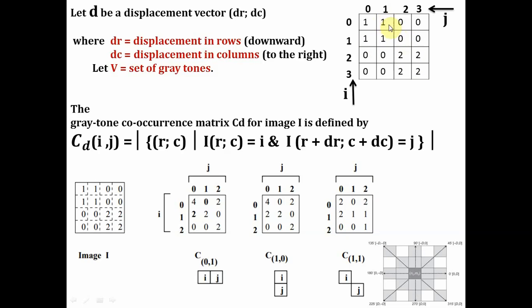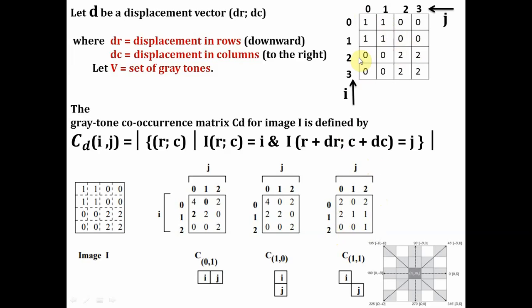So you have two patterns like this, 1 0 1 0. Then 1 1, only once. Okay, 1 1 in this direction only once, so you will write 1 1 1. You have 1 2 once only, this type of pattern once, so you will write 1.